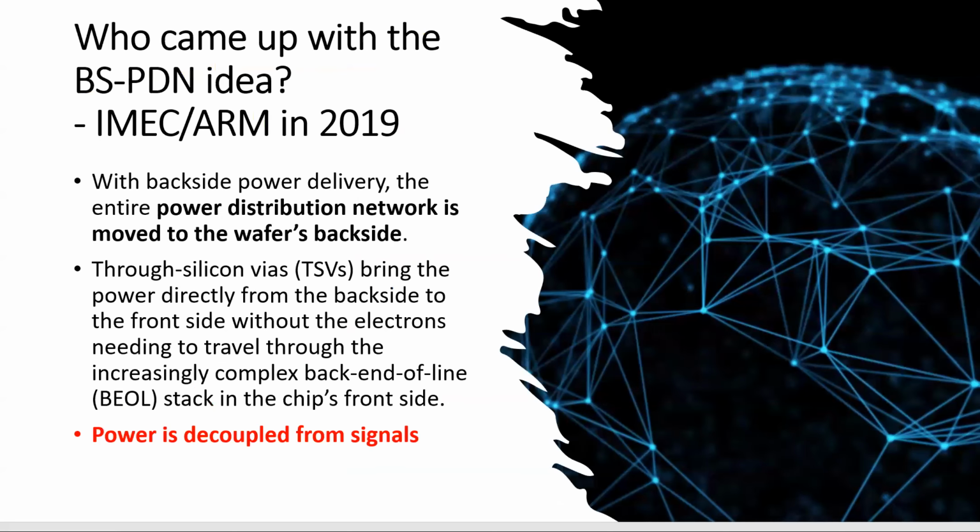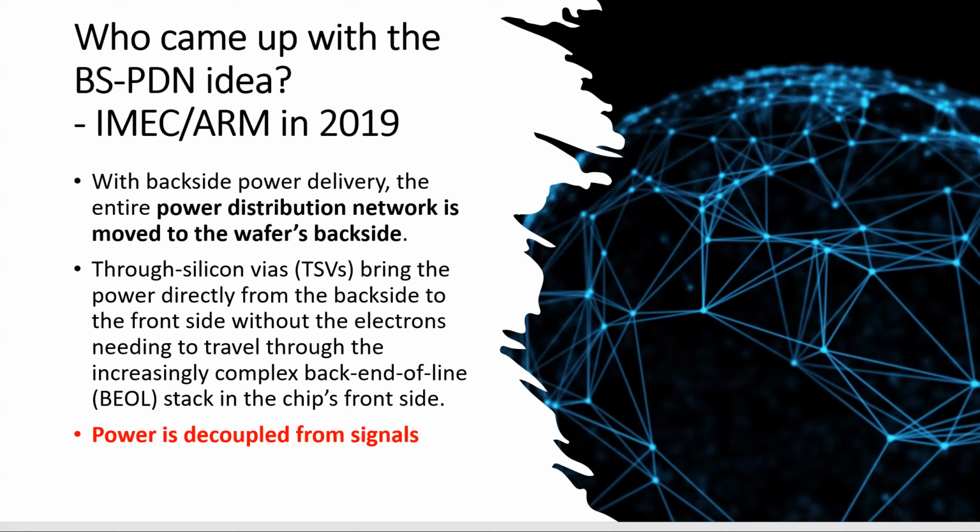And who came up with the backside PDN idea? It turns out it's IMEC and ARM. When they worked together with the GTCO, they found this idea really works. Power is decoupled from the signal. They move the power distribution to the backside so that they could really reduce the resistance.